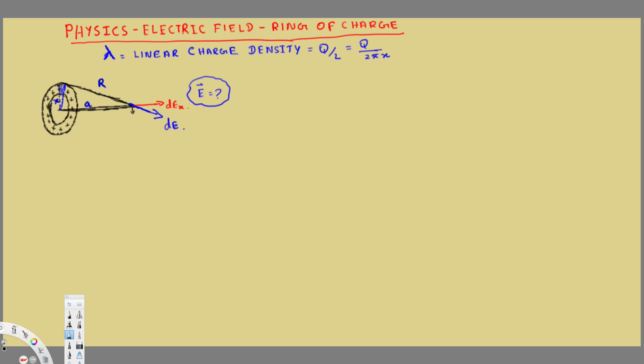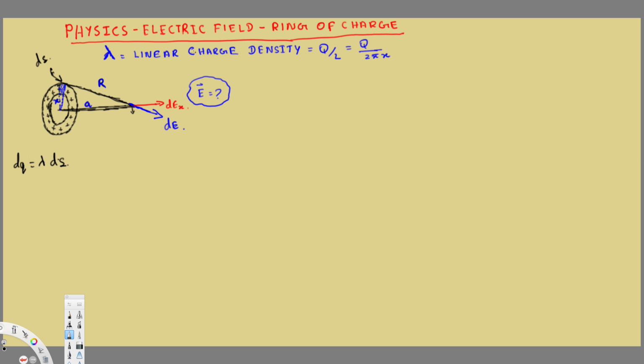So here this is x, and let's call this distance ds. If this is ds, then lambda is going to be dq over ds. So we are going to have a small charge right here, dq, that is equal to lambda times ds.